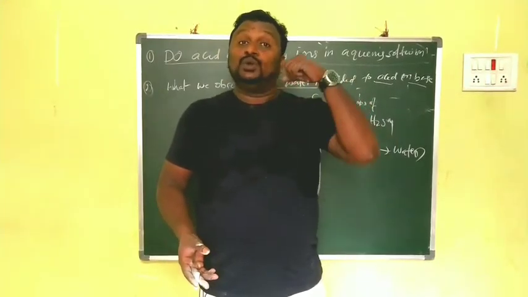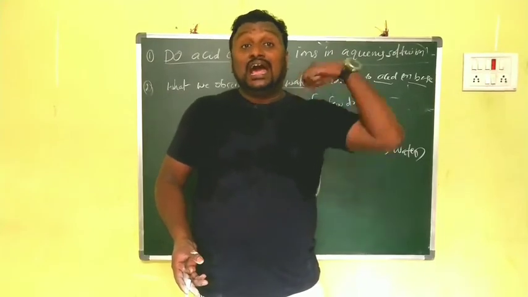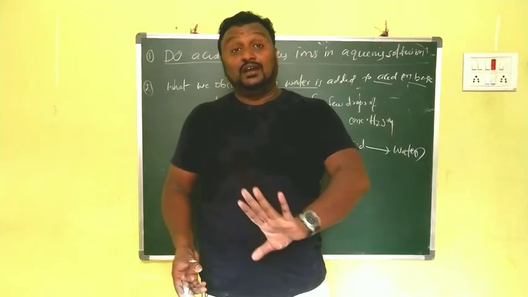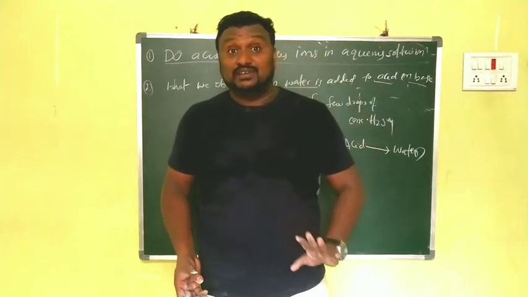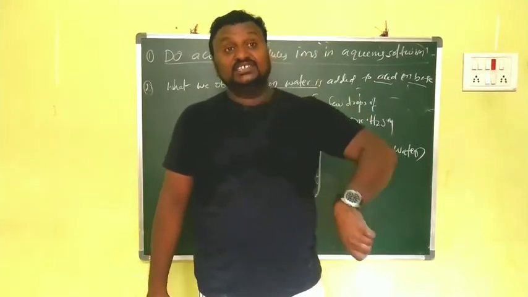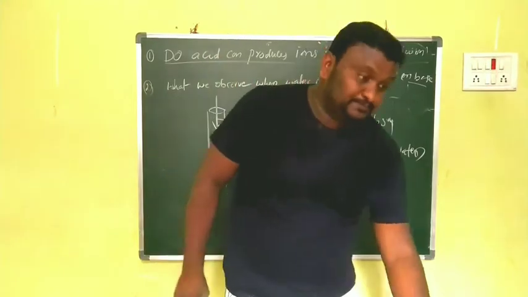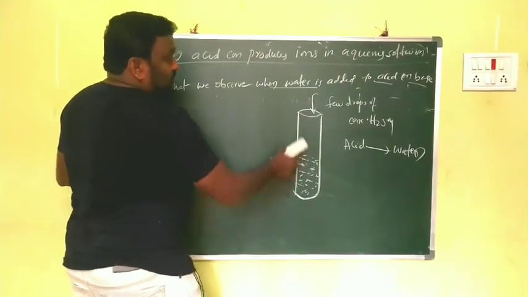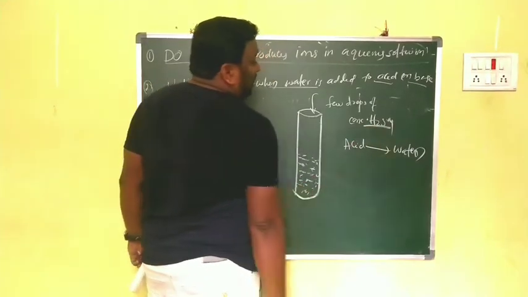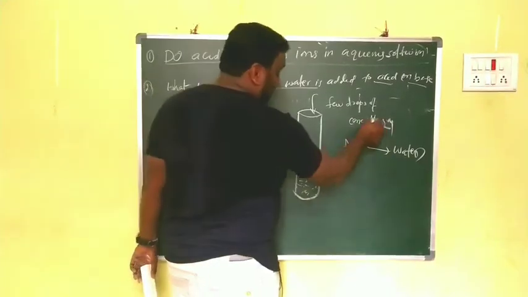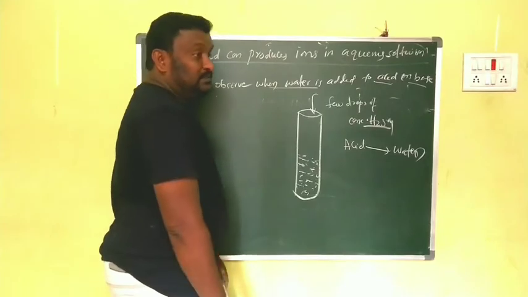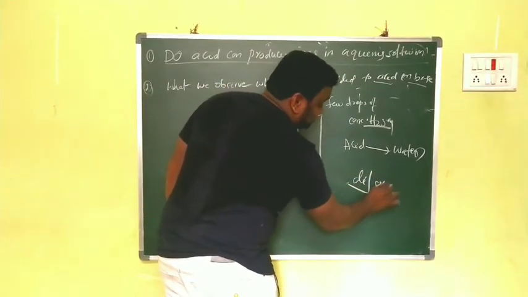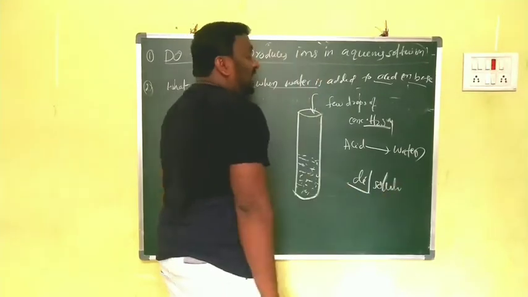That's why we add acid or base to the water, not water to acid or base. Clear? And in this case, H2SO4 is added to the water. Then what you observe is that it becomes a dilute solution.